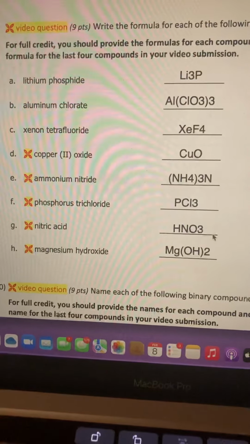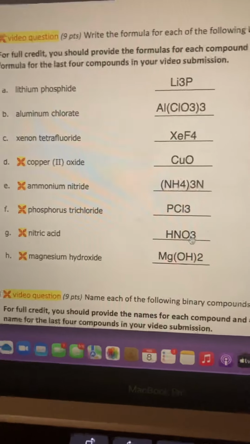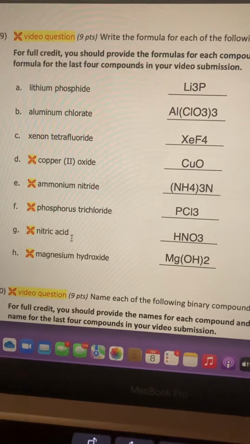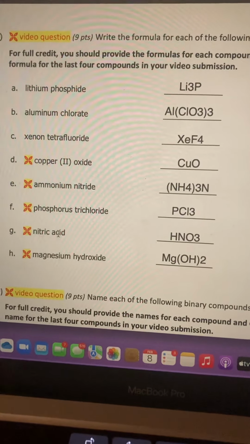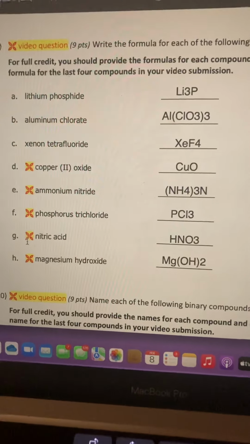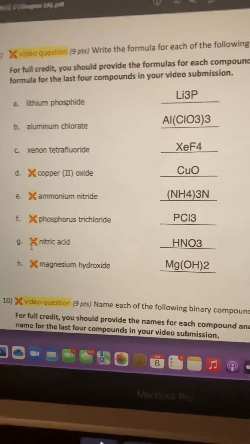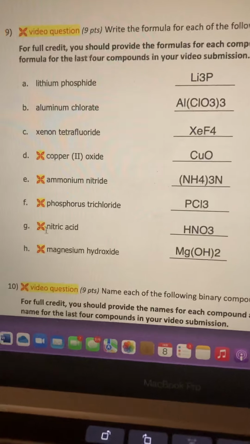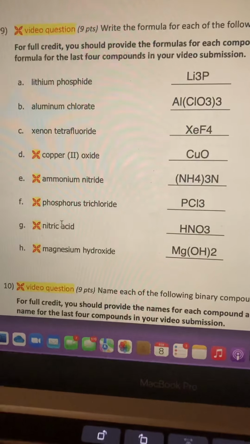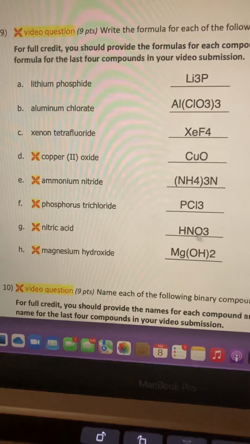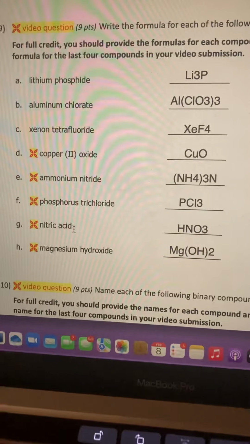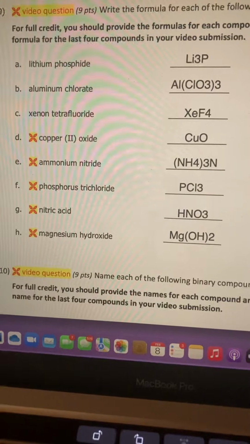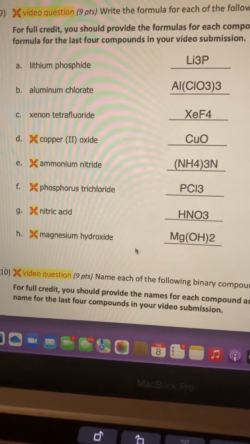So HNO3. If it's OUS, like OS, I think it's 4, and like hypo, there's a hypoic, I believe it's 2, or at least 1 less, something like that. I just know that with this ic here, it just stays how it naturally is. So there's that, HNO3.